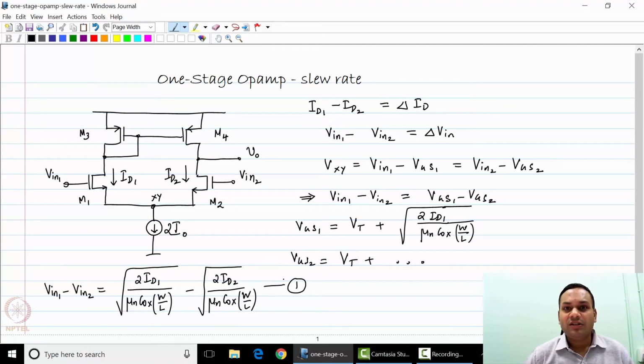This is the first relation between ID1, ID2 and V in 1, V in 2.